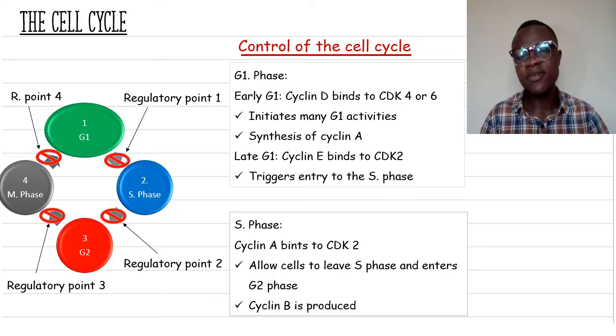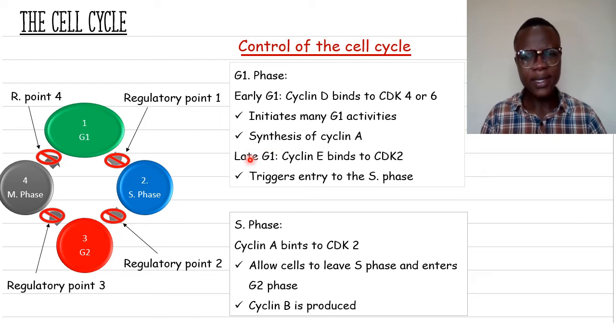So at the early G1 phase, those processes are being stimulated, right? Also, in addition to that, cyclin A is being synthesized. So by the binding of cyclin D to cyclin dependent kinase 6, we actually synthesize cyclin A.